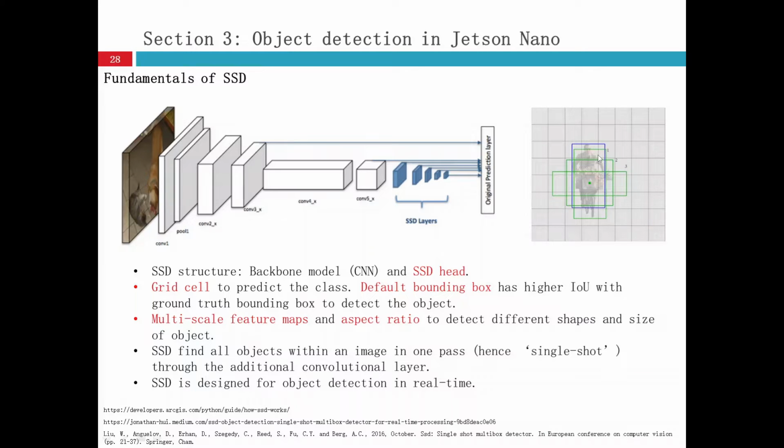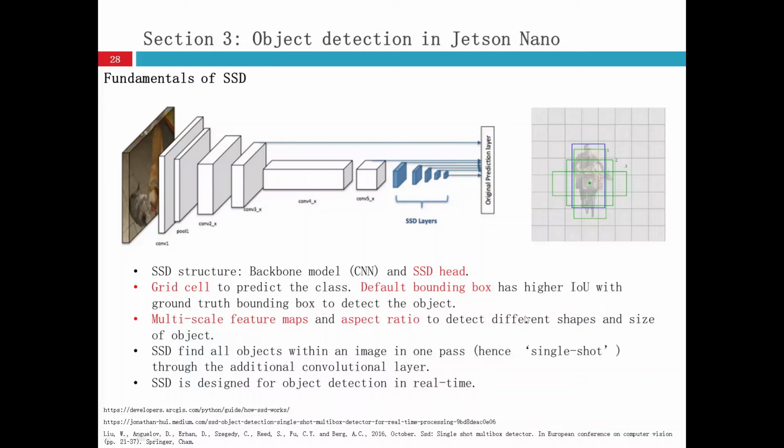So you use your default bounding boxes to match with the ground truth bounding box and find the highest IOU value between those two, and in this way detect the object. In this figure, we find that the number 1 default bounding box has the highest IOU value with the ground truth. So we choose the number 1 as our final prediction bounding box.